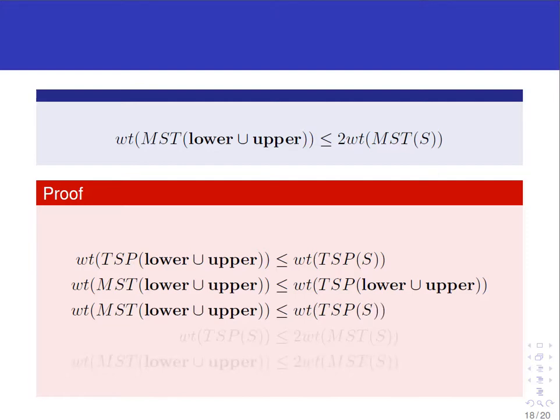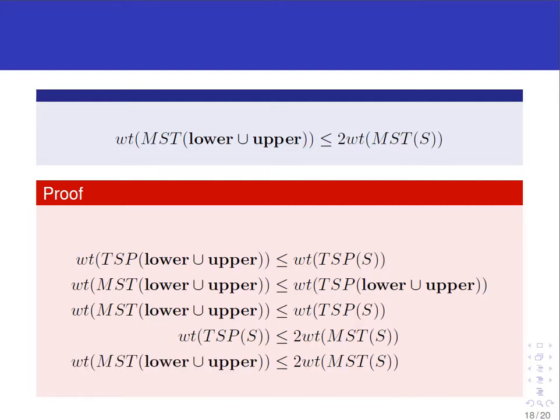Then the weight of the minimum spanning tree of the union of lower and upper is at most the weight of the TSP of S. On the other hand, we know that the weight of the TSP of S is always at most 2 times the weight of the minimum spanning tree of S.